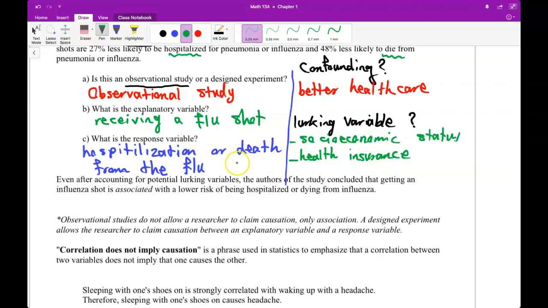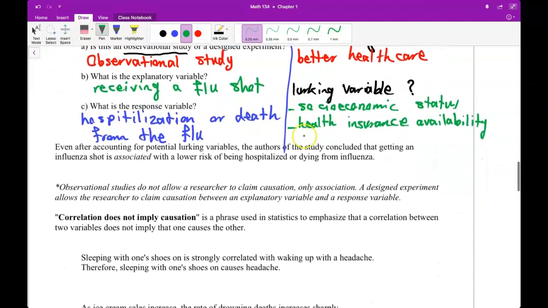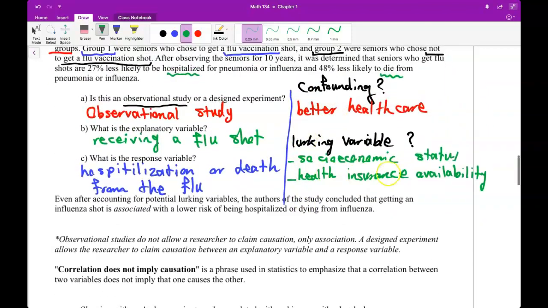That's why they're not getting that flu shot. Okay, that's it for this one. So you may have different kinds of lurking variables that are actually affecting our response.